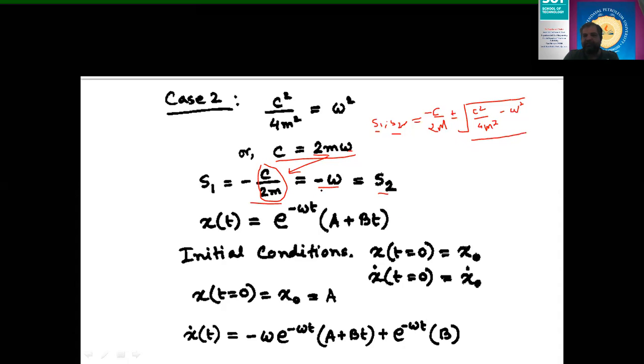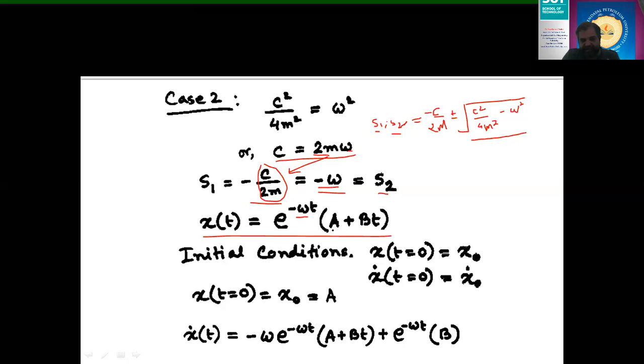If you look in a mathematics book, you will find this particular form: x of t is equal to e raised to st into (a plus bt), where s is the root, which is minus omega. So this equation becomes e raised to minus omega t into (a plus bt).